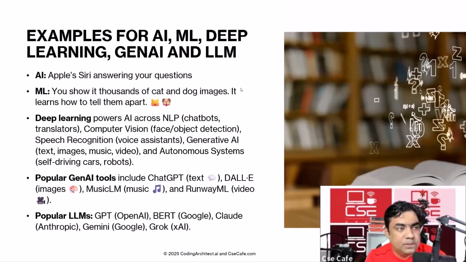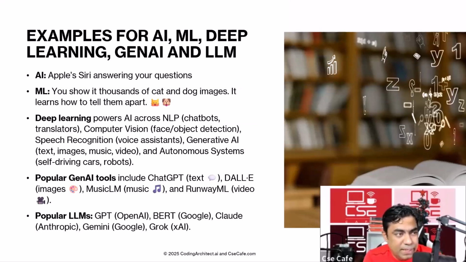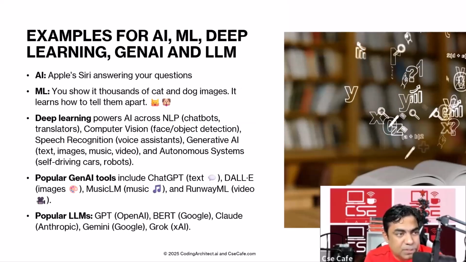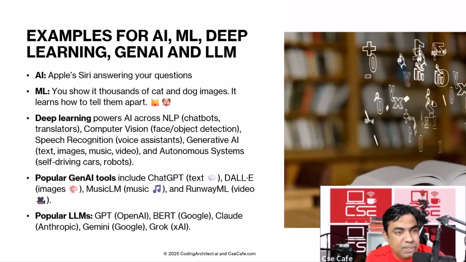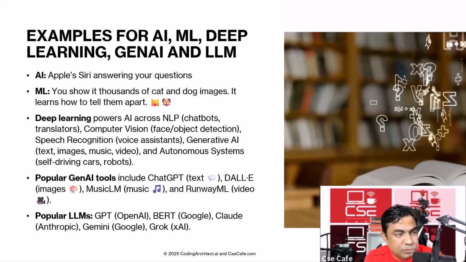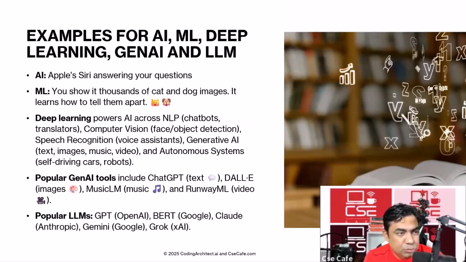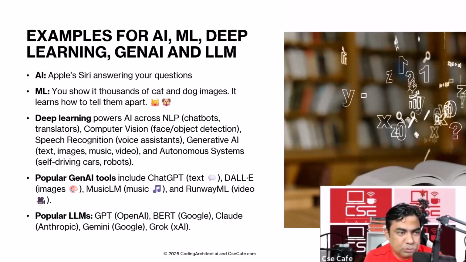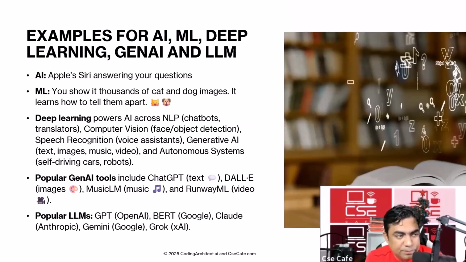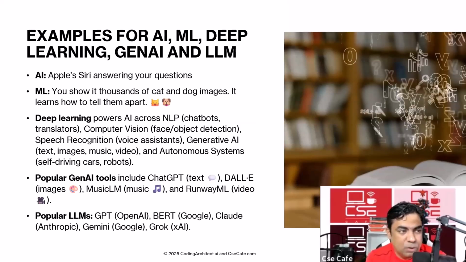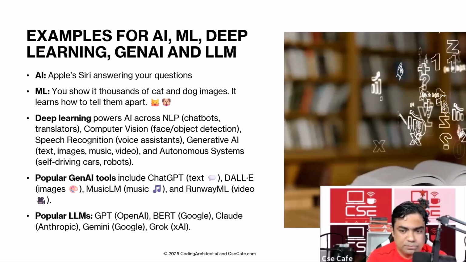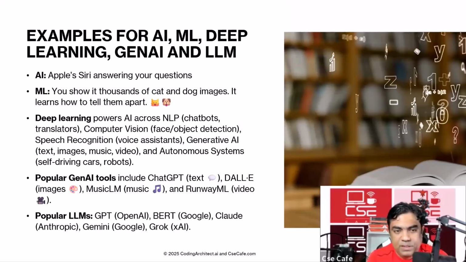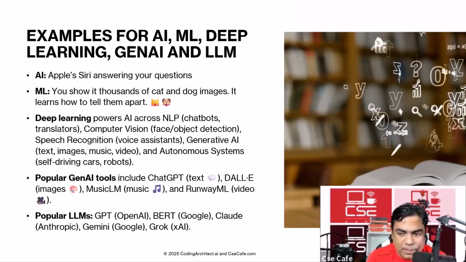Some examples: when you say AI, even Apple's Siri answering your questions can be considered AI. And when you say ML, you show a system thousands of cat and dog images, and it learns how to tell them apart. Then you provide an image, and the system will tell you whether it is a cat or a dog.